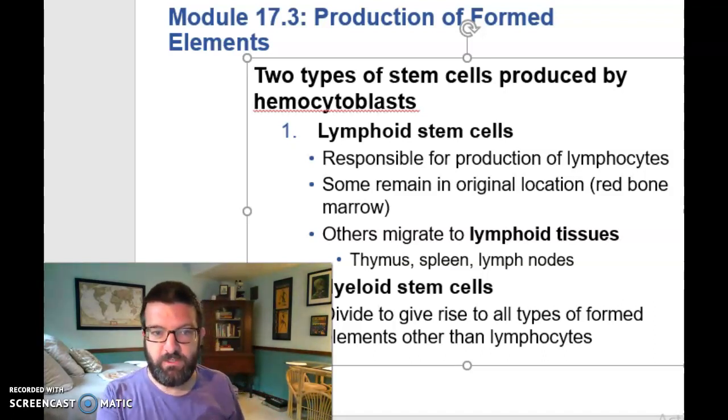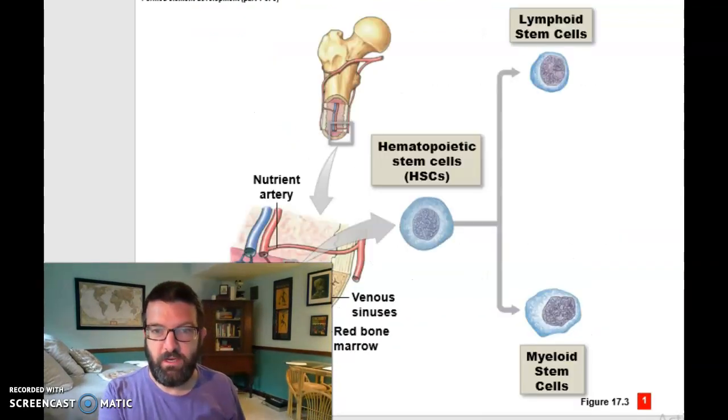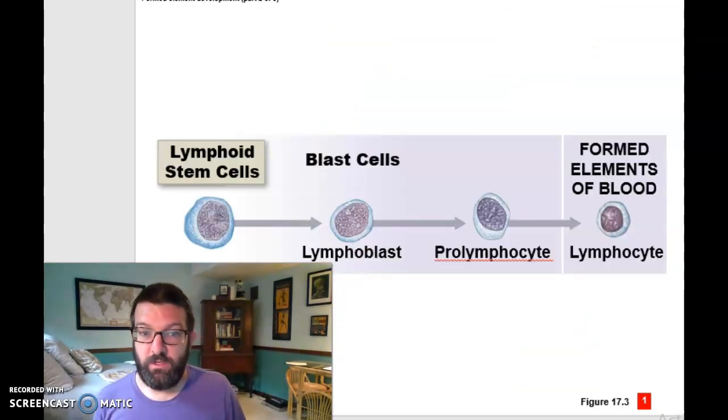So lymphoid stem cells can become lymphocytes, right? Myeloid stem cells can become any one of a number of other types of cells that we'll talk about in a bit. So again, lymphoid stem cells will become eventually a type of lymphocyte. And there are multiple types of lymphocytes, all of which come from lymphoid stem cells.